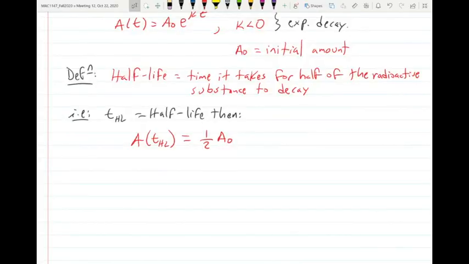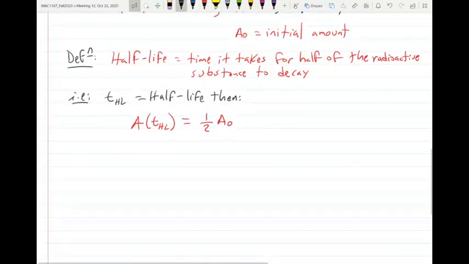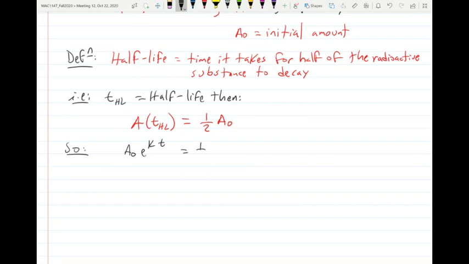Okay, so with this relation, once again, we can come up with a formula. And as you are about to see, the initial amount is irrelevant. This half-life depends entirely on the rate, once again. So let's see, what is this? This is A0 e to the kt is going to be equal to 1/2 A0. So the A0s are gone.